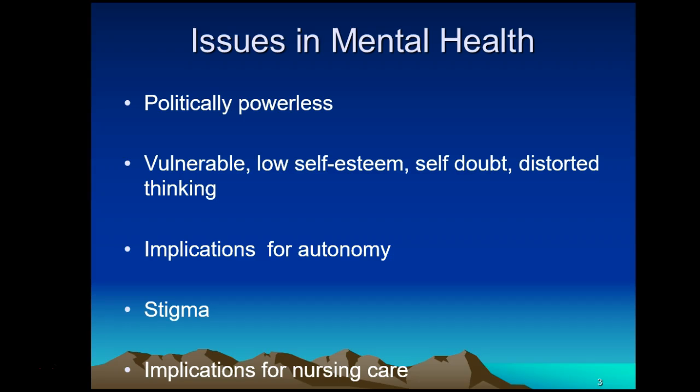It's also from an ethical perspective fraught with problems because, as you know, the ethical principles, we have autonomy, which is the ethical principle that upholds a person's decision to do what they want with their own body, make their own decisions, their own free will, and beneficence is to do good for the patient. Well, when you realise that someone is very ill, perhaps suffering from or has schizophrenia, their autonomy or their ability to make decisions for themselves is negatively impacted.